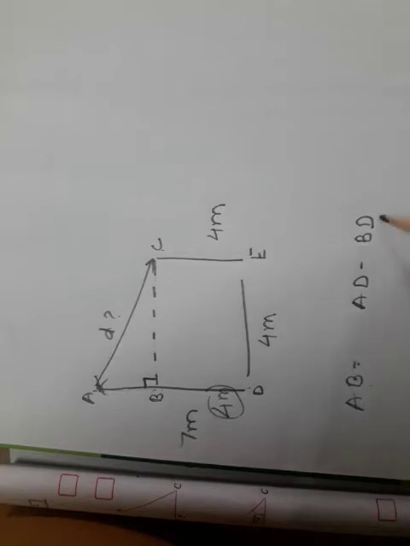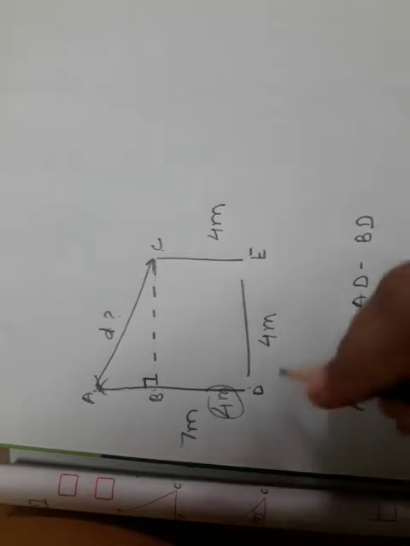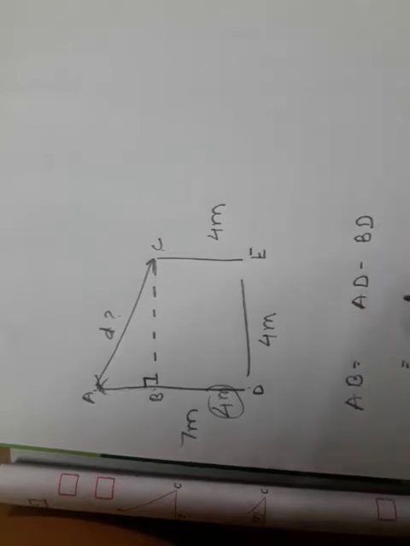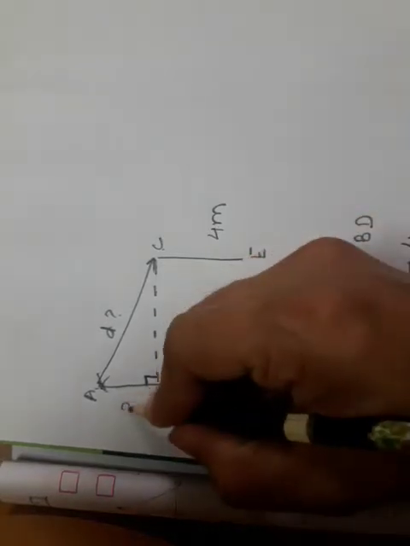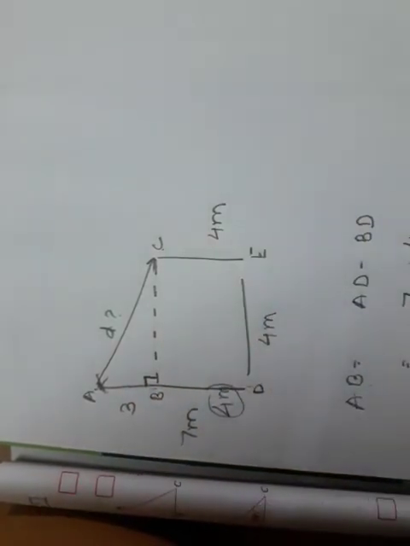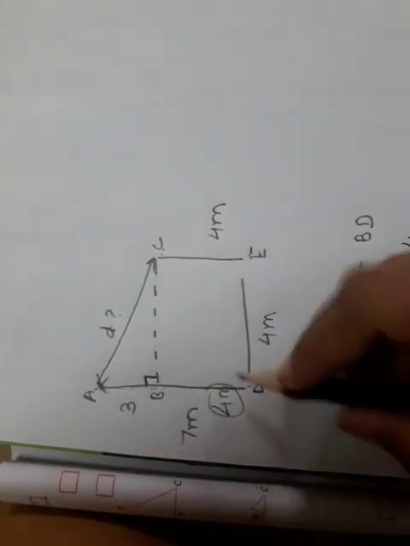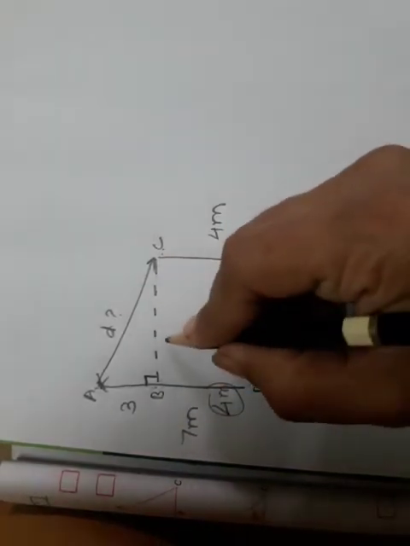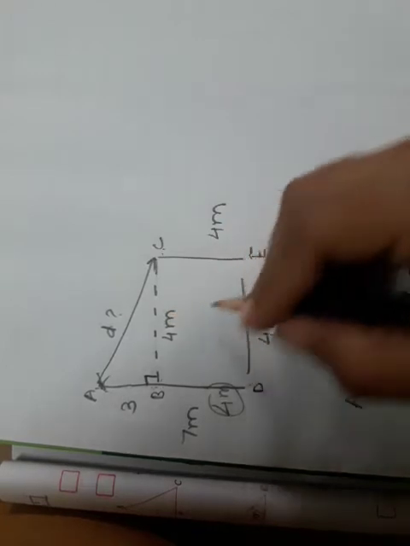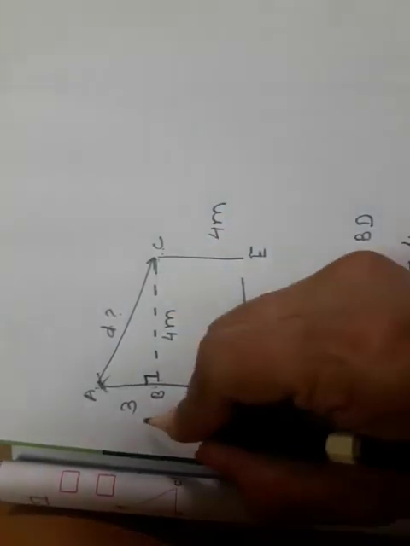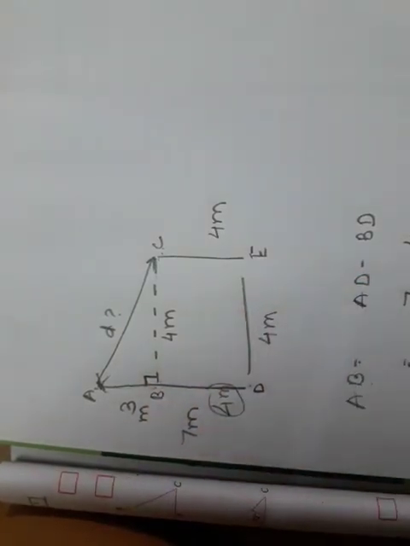AD is equal to 7 and BD is equal to 4. Then 7 minus 4 is 3. So AB is 3 and DE is equal to BC, at the same distance. So BC is 4 meter and AB is 3 meter.